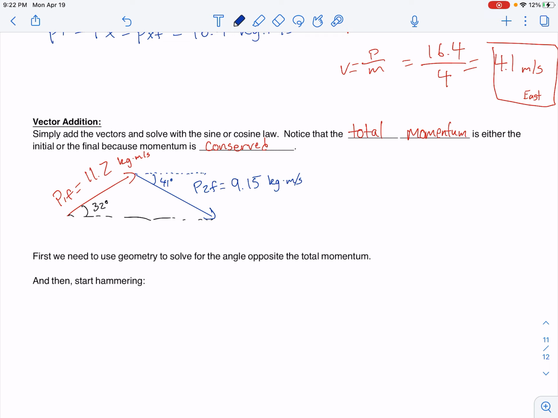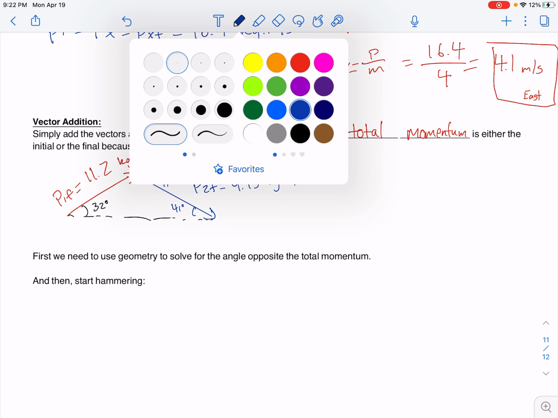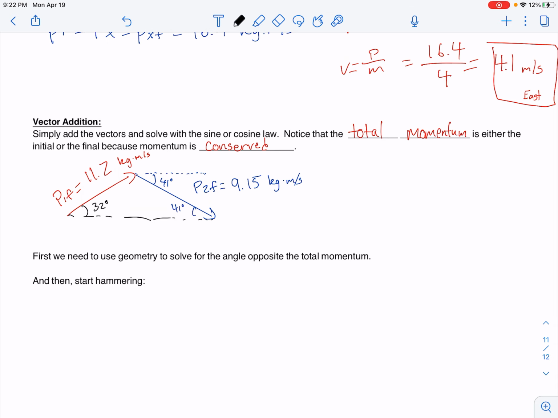Using our geometry angle rules, I forgot the exact name of this rule, we know if this one is 41 degrees, this is going to also be 41 degrees. And then, because we know that all three angles of a triangle add up to 180, this missing angle here is just going to be 107.